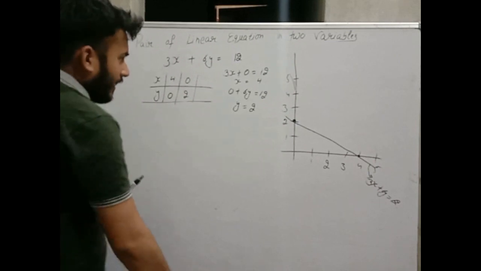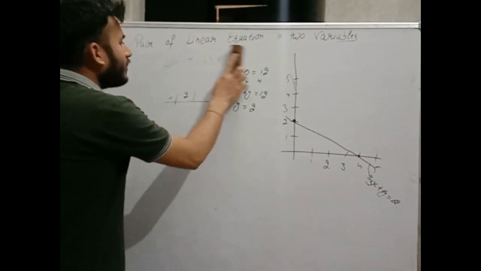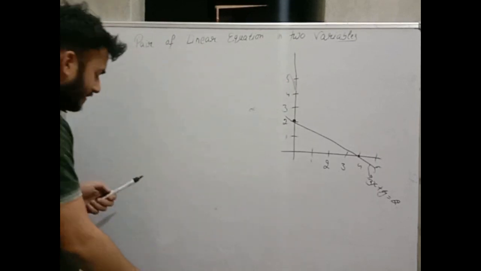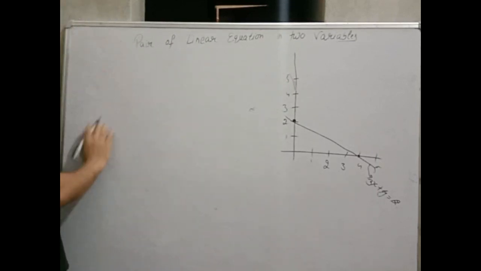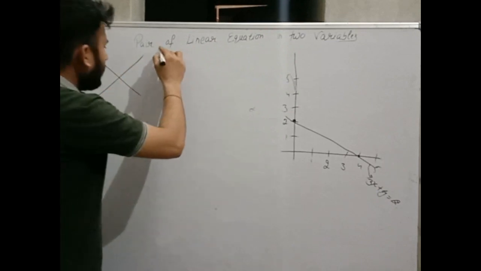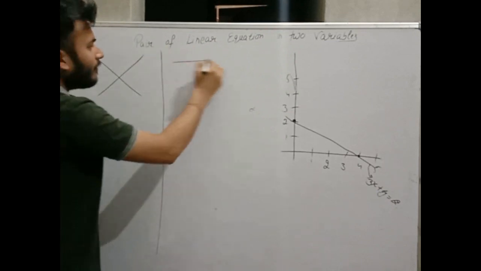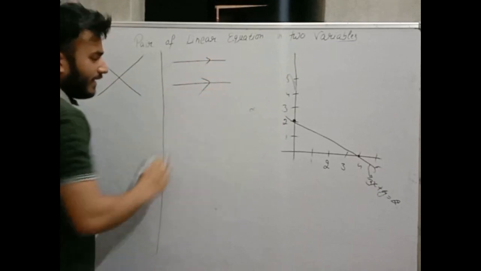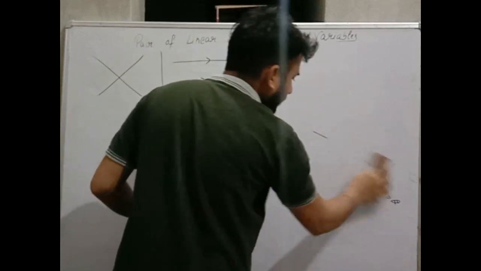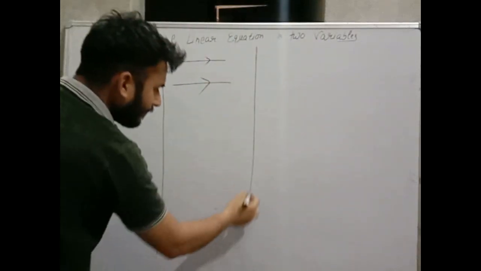Now, if we are discussing the nature of the lines, then there will be 3 kinds of lines. It may be intersecting lines, it may be parallel lines, and the third one is coincident lines, meaning the 2 lines will coincide with each other.